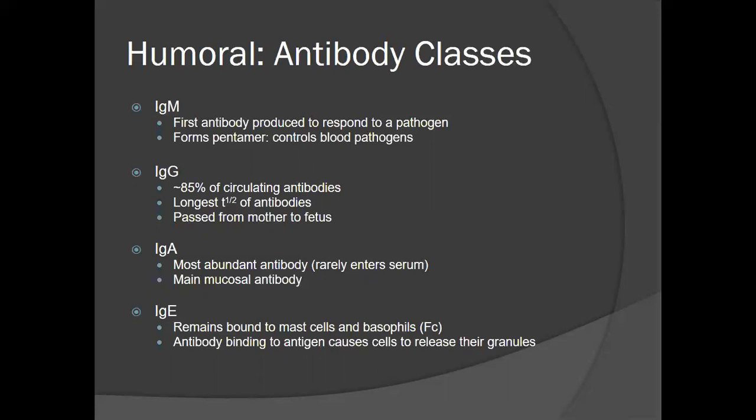Yes, ma'am. So you said the IgDs, we didn't really see them. So is it defined as an antibody structure? Yeah, so IgD primarily is just going to exist as a B cell receptor. It has the antibody shape, it has variable regions, it has a constant region.